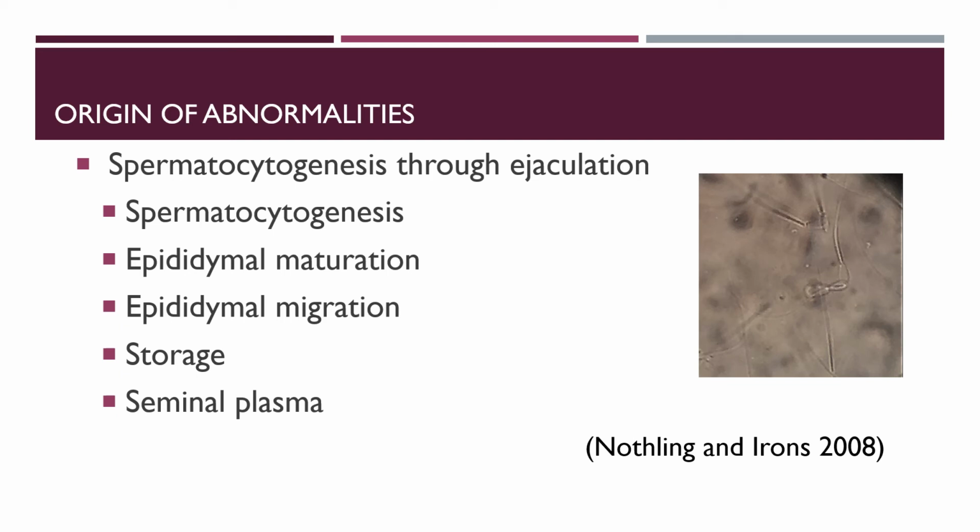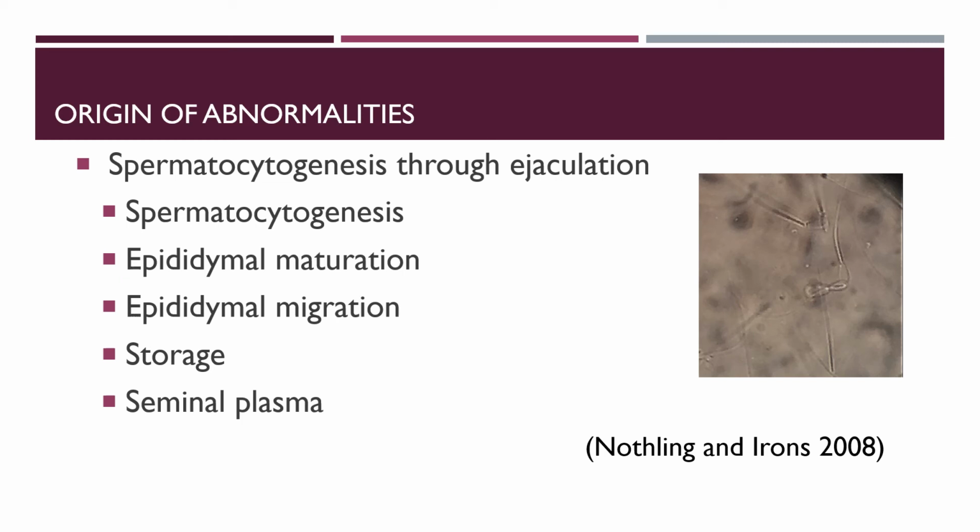Additionally, with that, the age of the bull has an effect on the rate of morphological abnormalities, with older bulls usually producing lower quality sperm and not being able to efficiently house those sperm and keep them viable in the tail of the epididymis.